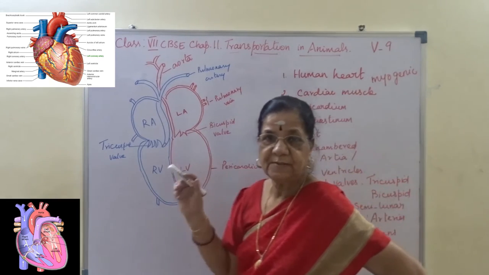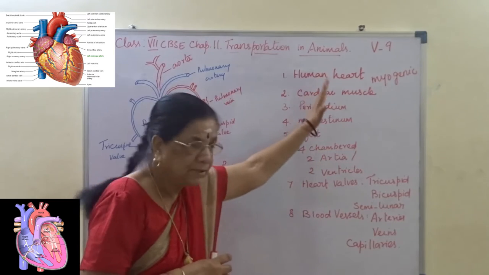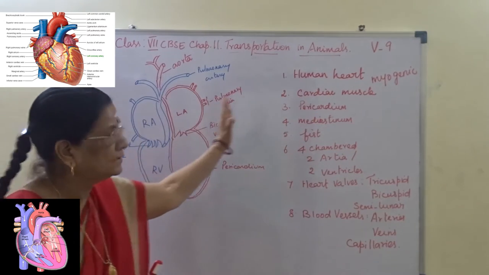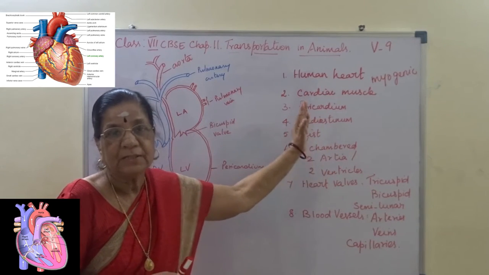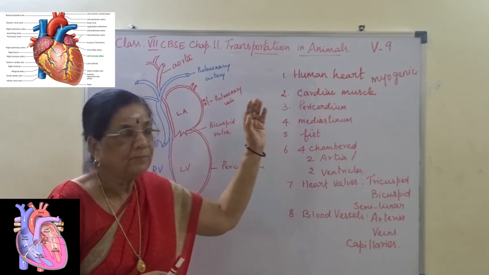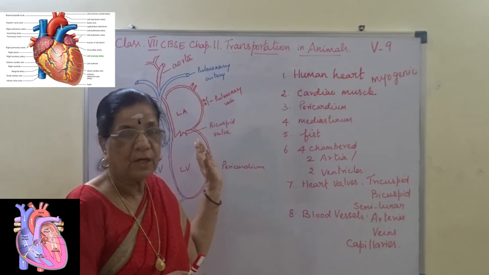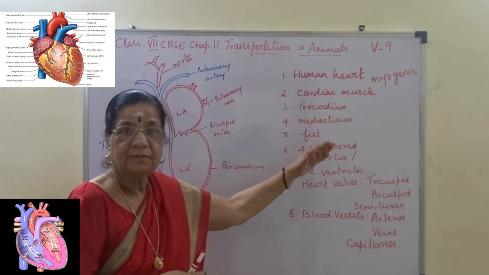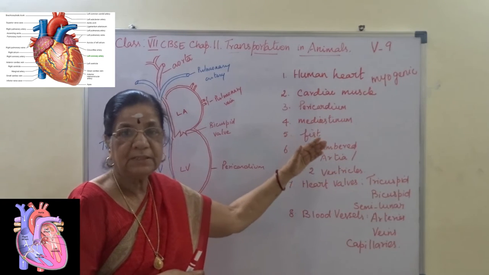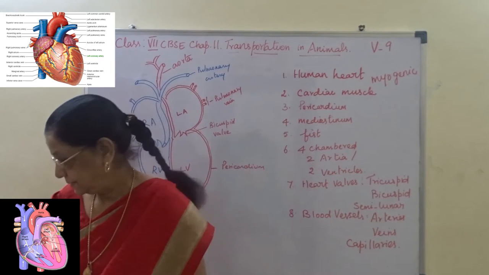I hope you understand. When I explain these points, you will also follow the detailed picture video. When I am explaining the structure of the heart, here you will get a clear internal structure of the heart. With that, you will understand better.